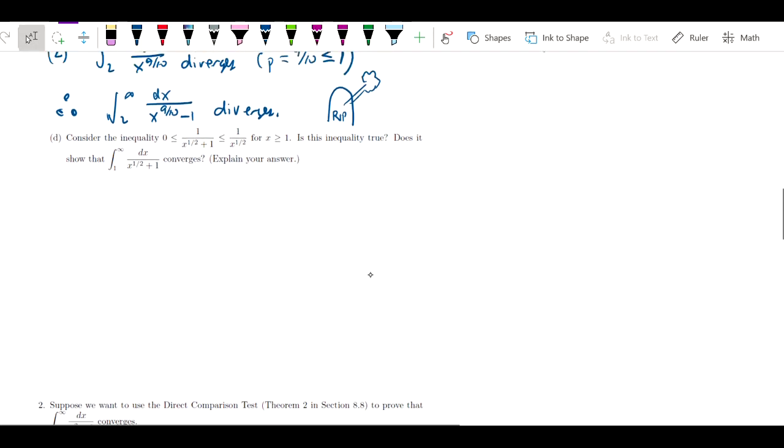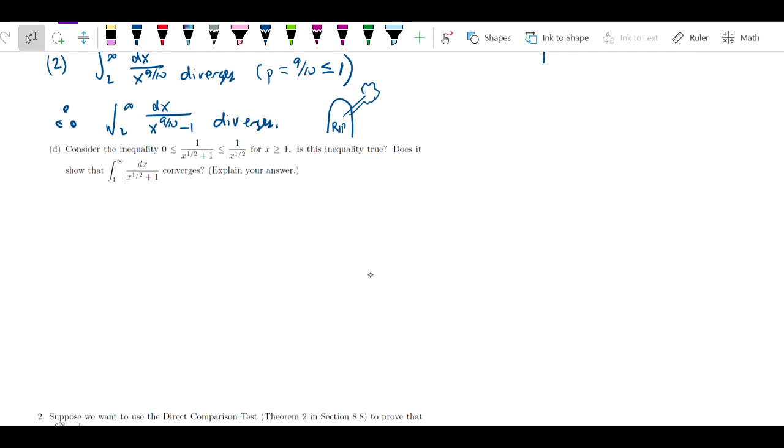Now, let's see. Consider the inequality 0 less than 1 over x to the 1/2 plus 1 less than 1 over x to the 1/2. So, is this inequality true, and does it show that the integral from 1 to infinity of dx over x to the 1/2 plus 1 converges? So, first of all, let's call it not part A, since I'm reusing symbols, let's call it part I. So, is it true?